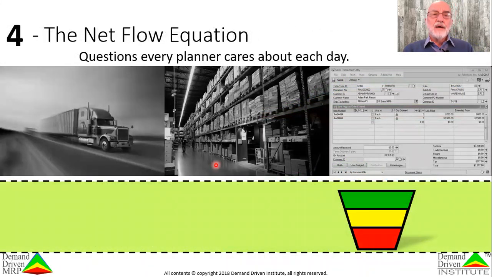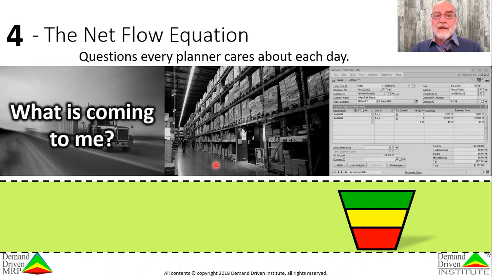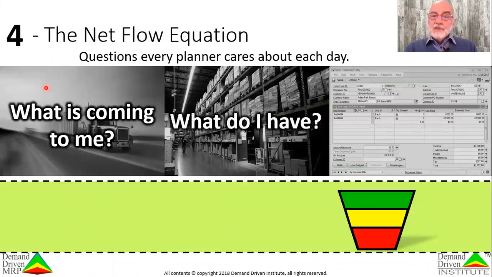Fourthly, we need to then do the planning. And here we have a totally unique equation called the net flow equation. I think if you think about it, every planner every day is looking at what is coming to me. If it's a purchase order, he's looking in the purchase order files. If it's a manufacturing item, he's looking in the factory to see what's coming. He also needs to know what he has in the warehouse.